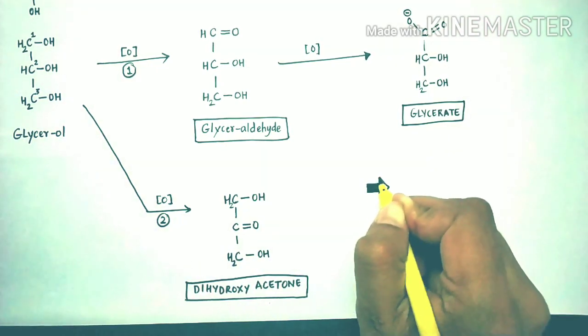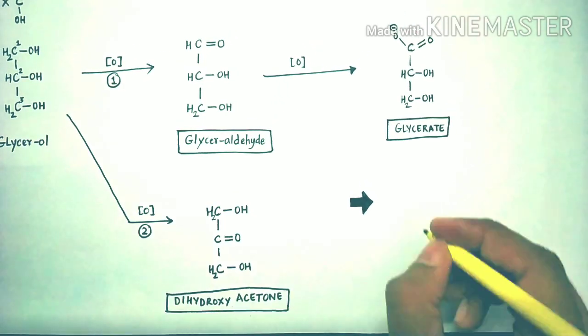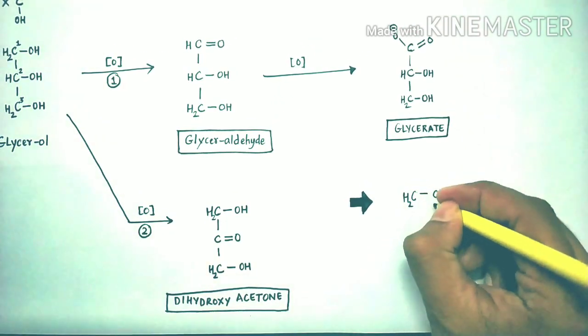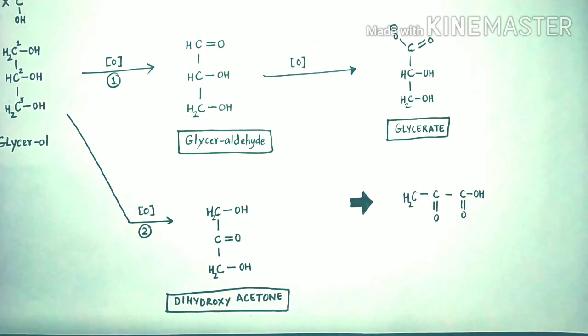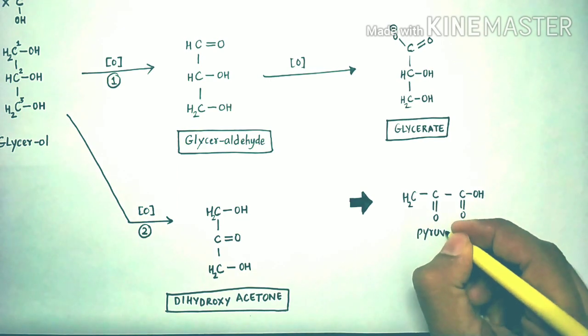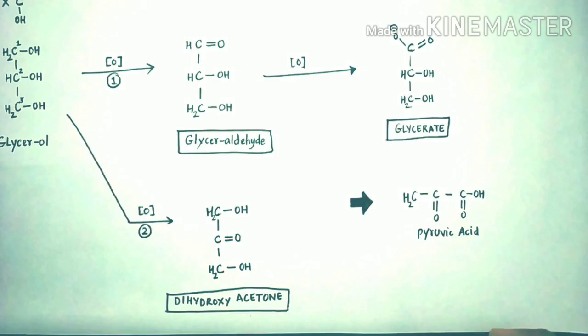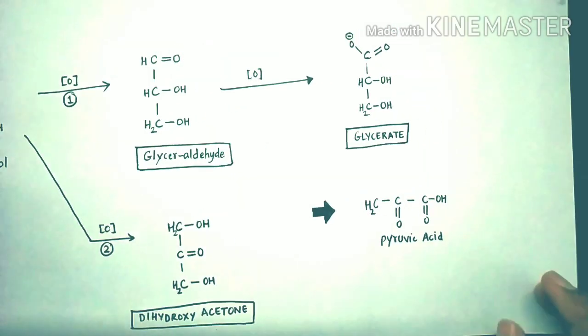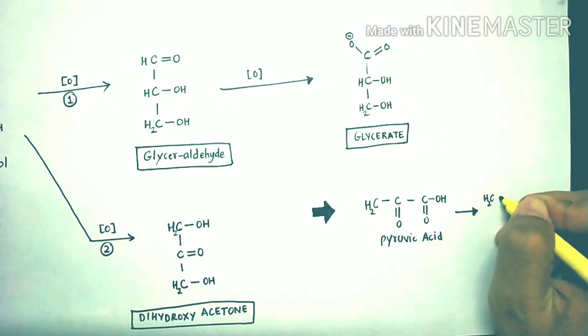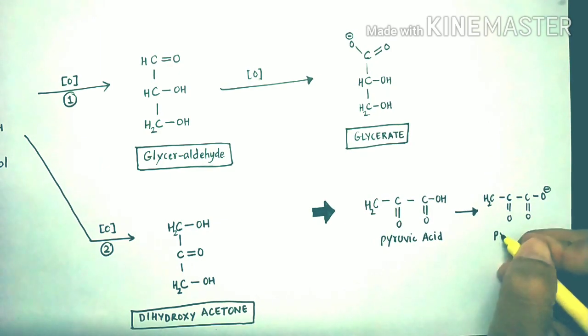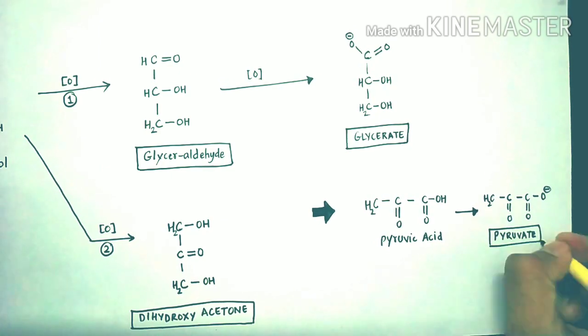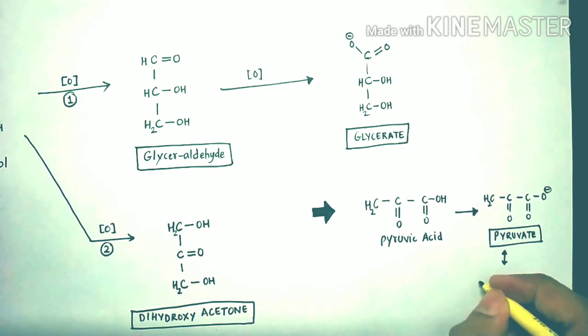We have two more 3-carbon intermediates, and these are derived from a 3-carbon alpha keto acid, which is pyruvic acid. That is CH3, C double bond O, COOH. If H plus is removed, it forms pyruvate, the final product of glycolysis. Pyruvate is a keto compound.